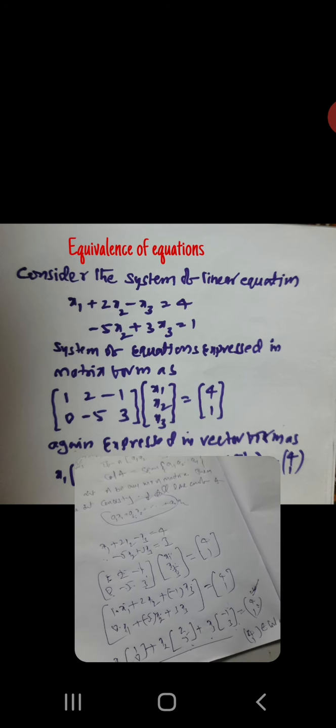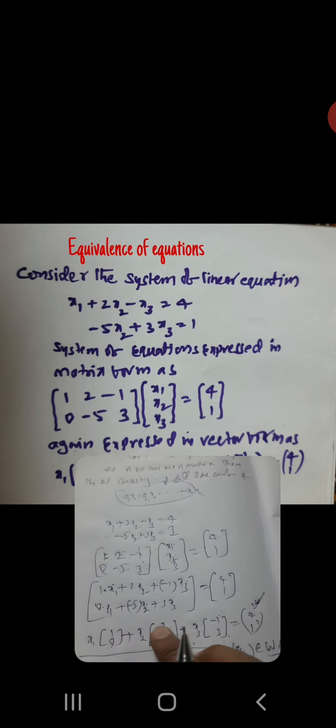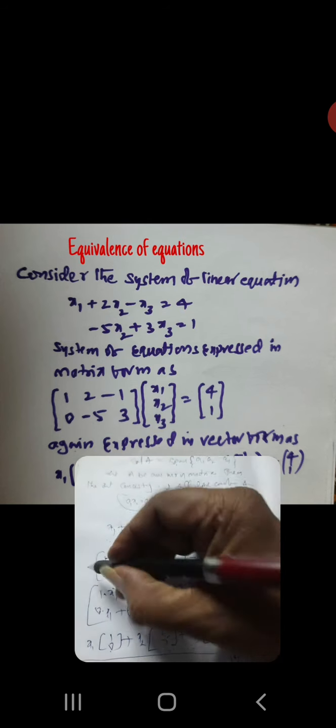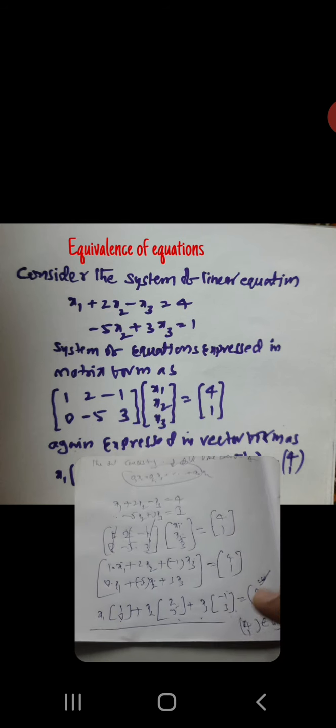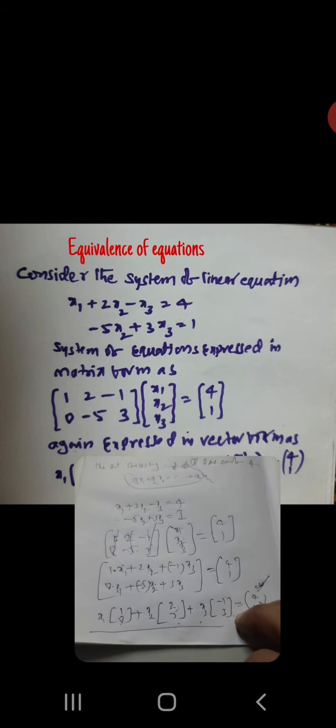Here 4, 1 is an element in Col A. This is the column space definition.